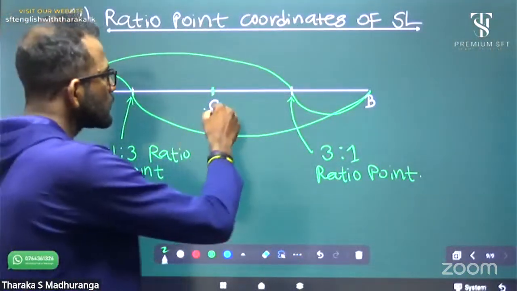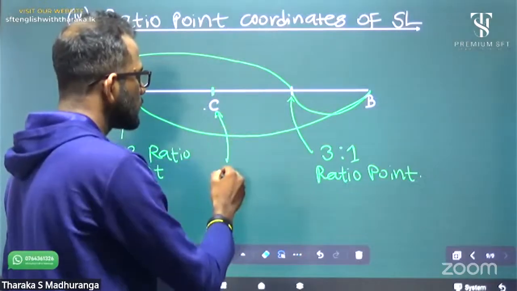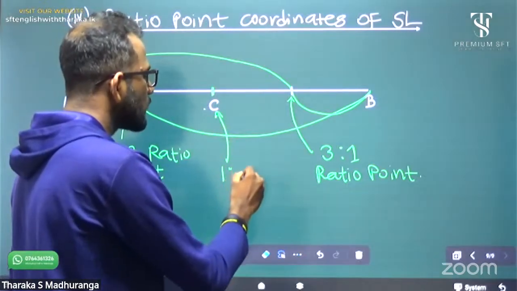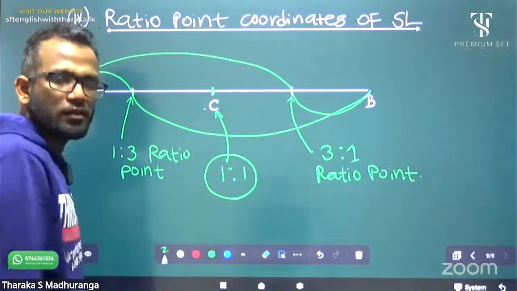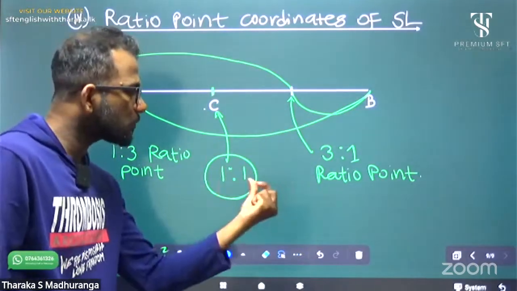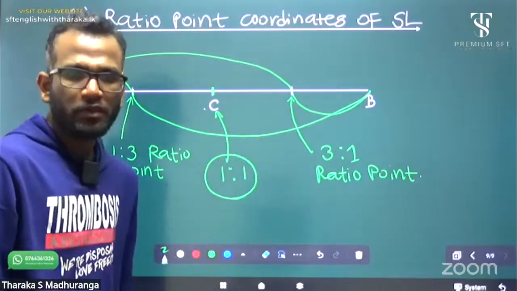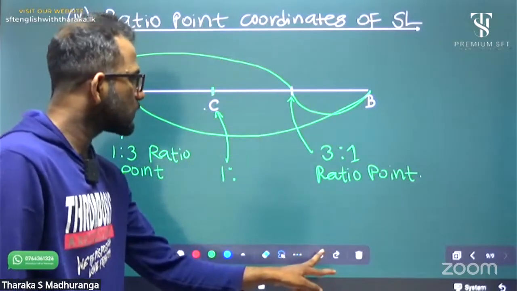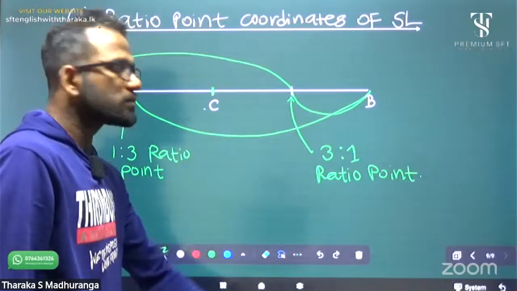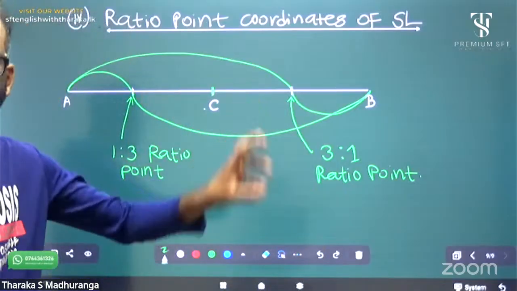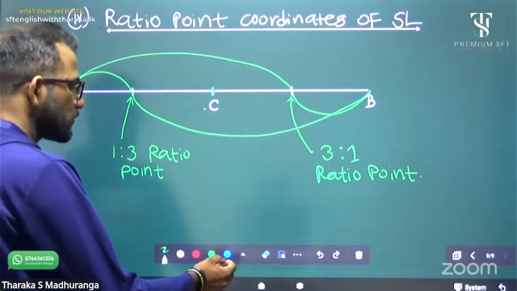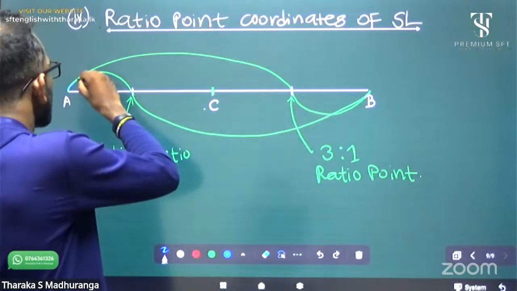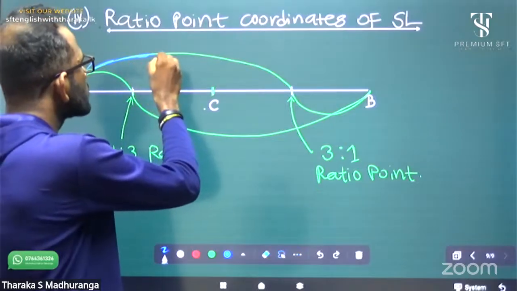The center point means 1 to 1, we don't need it. The 1 to 1 ratio point calculation you already know. Understood? Very good. Any doubt?